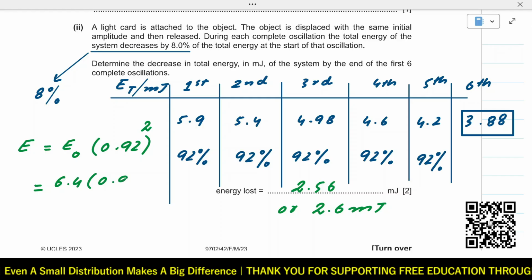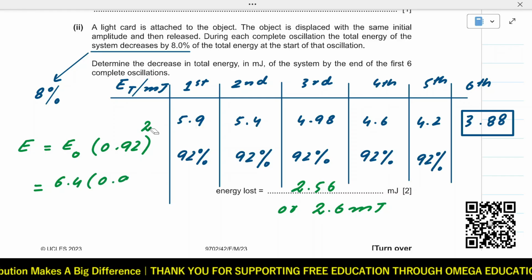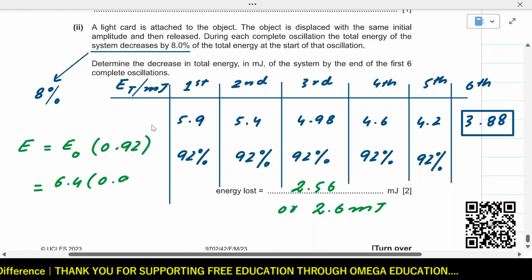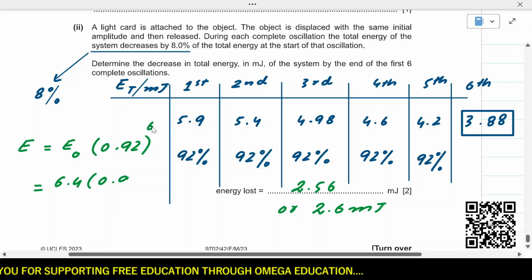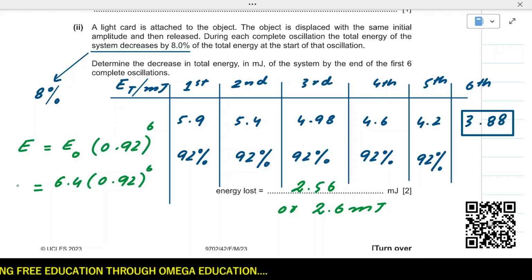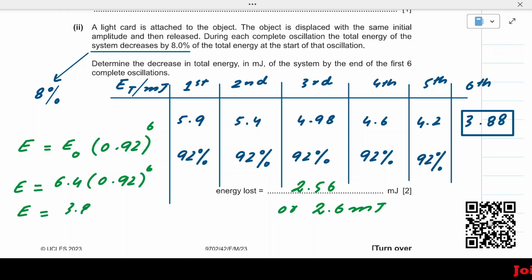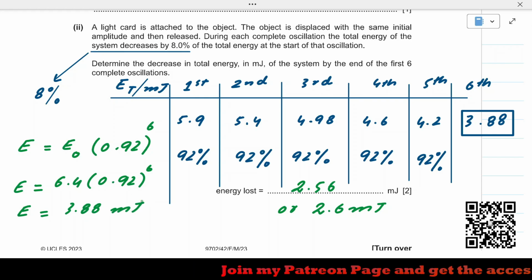After the sixth oscillation, it would be 0.92 raised to the power 6. So could you give me this value for the remaining energy? Do it carefully on the calculator. 3.88. So 3.88 is the leftover energy after 6 oscillations.